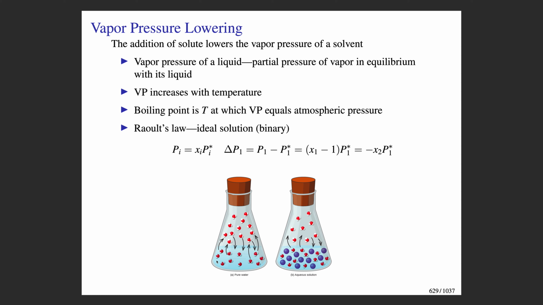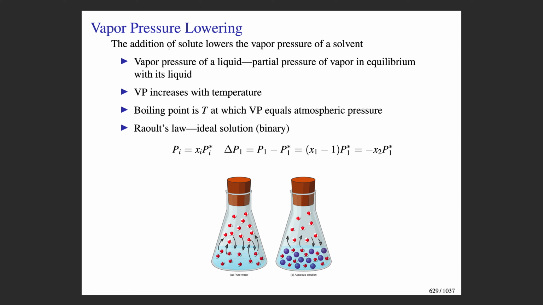Once the rate of vaporization equals the rate of condensation, you're going to have an equilibrium established, and then the pressure of the vapor above the liquid is called the vapor pressure of the liquid.